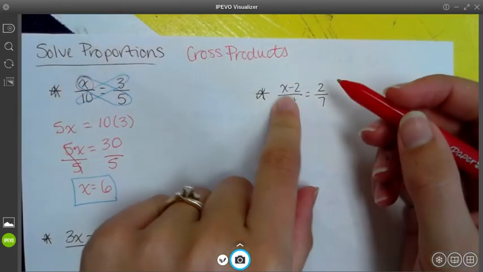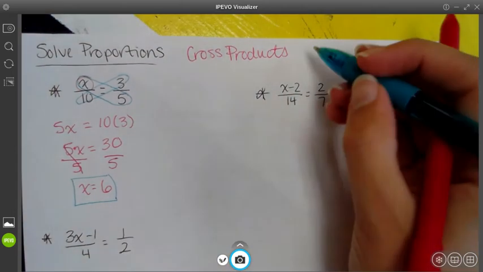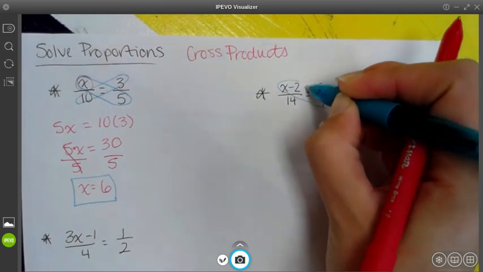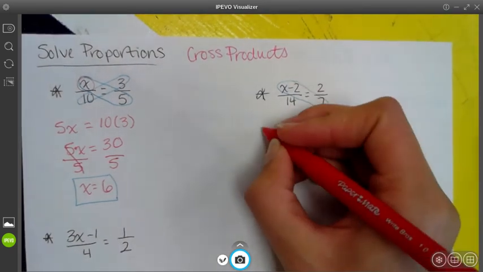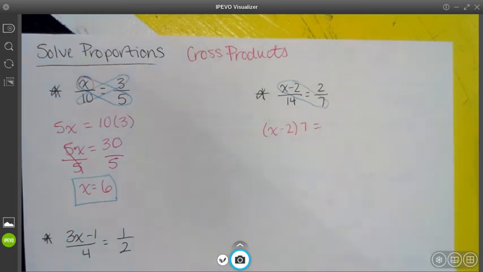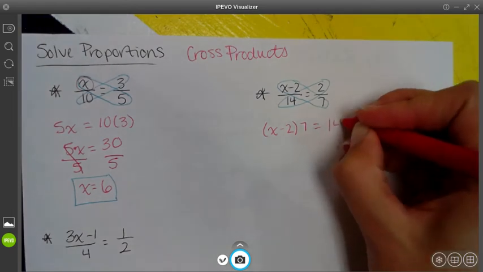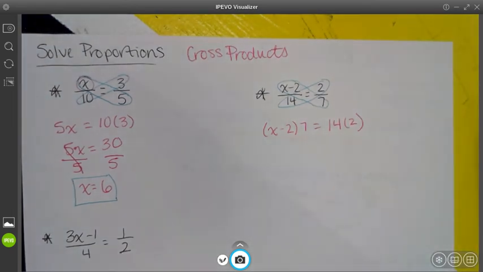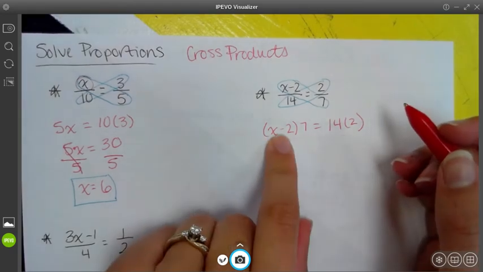See, this one is a little bit different, but we're still going to start with the cross product. It's not x times 2, it's x minus 2. So we do x minus 2 times 7, which equals the other cross product, 14 times 2. I'm going to do two steps in one here and simplify both sides.